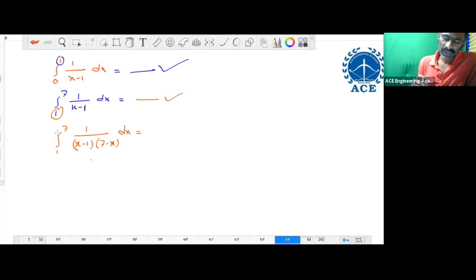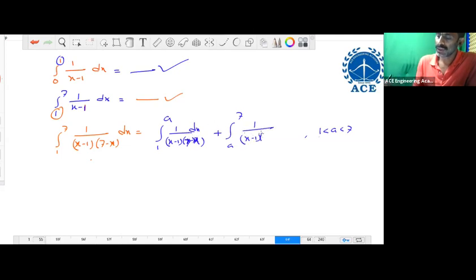At that point, break the interval and write the integral as a sum of two integrals: integral 1 to a plus a to 7, where 1 less than a less than 7. So between 1 and 7, choose some point a, and write the integral as a sum of two integrals of 1 by (x minus 1) into (7 minus x) dx.